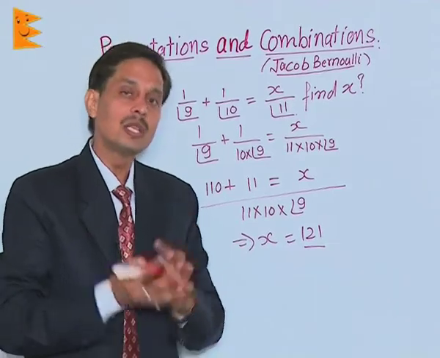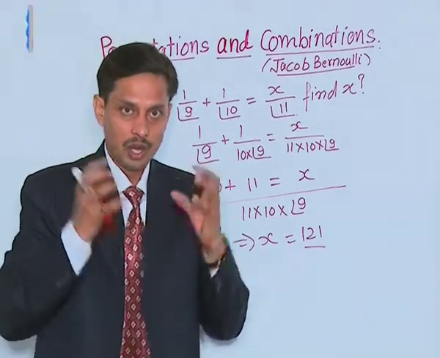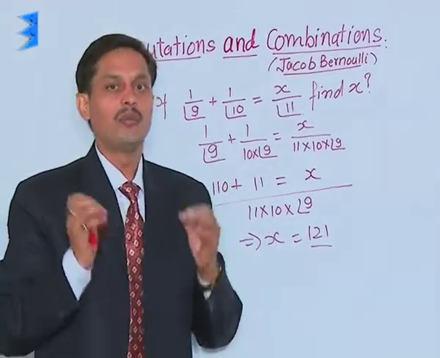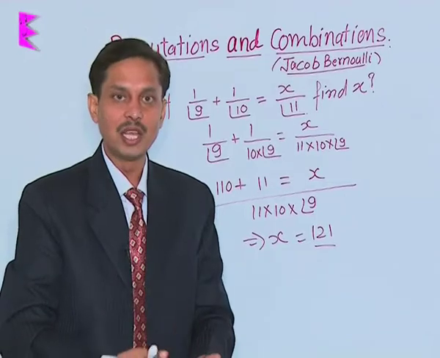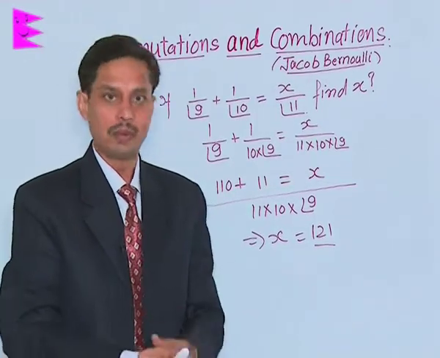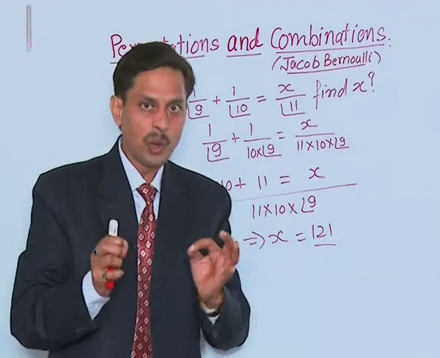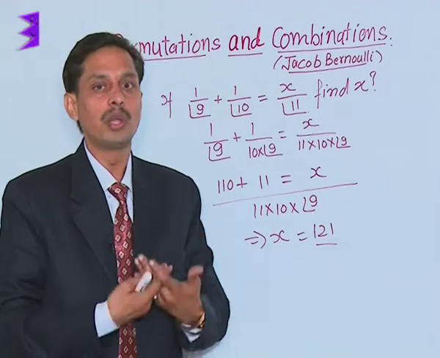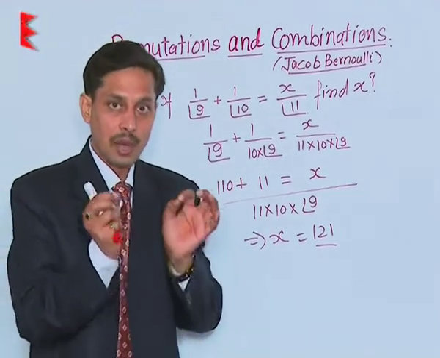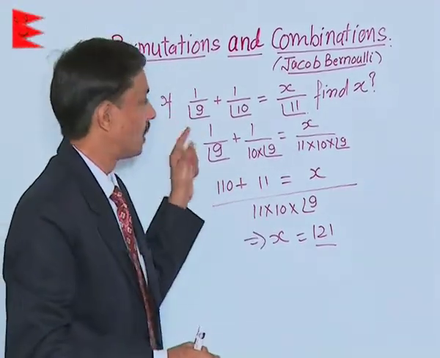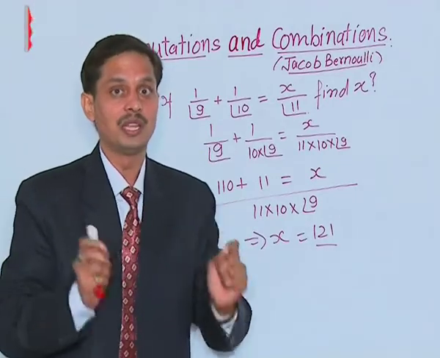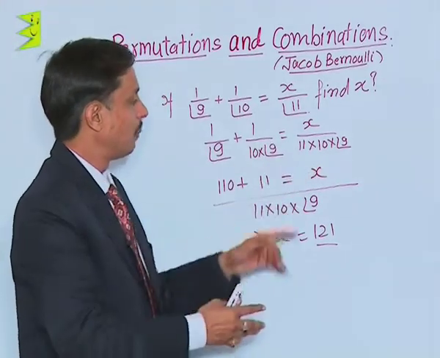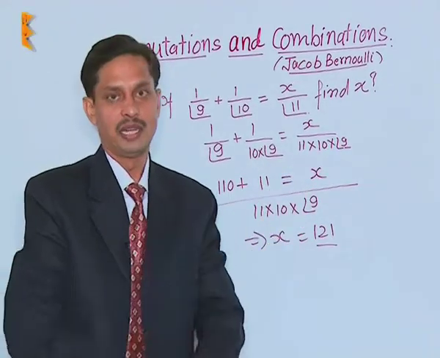Basically, we can solve problems related to factorial, even to find the value of x or any other variable, with addition, subtraction, multiplication, etc. But the key point to understand is that whenever many factorials are written and we want to take the LCM, we bring every factorial up to the level of the least factorial involved in that problem, as we did in this example. All factorials have been brought to the level of factorial 9.